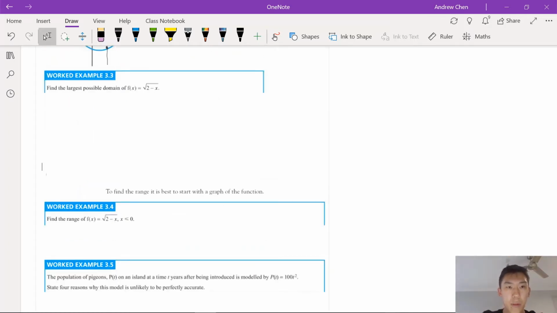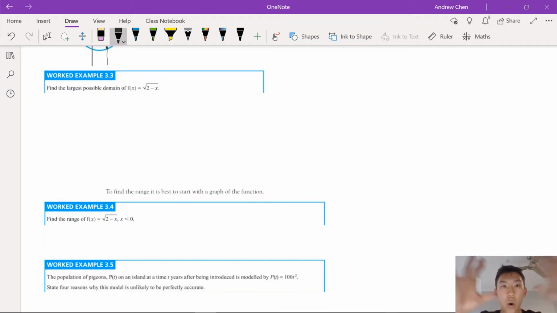Okay, on to example 3.3. Find the largest possible domain of f of x equals square root of 2 take x. We're trying to find the largest possible domain, which means the set of all possible x values that we can input into this function in order to get an output.